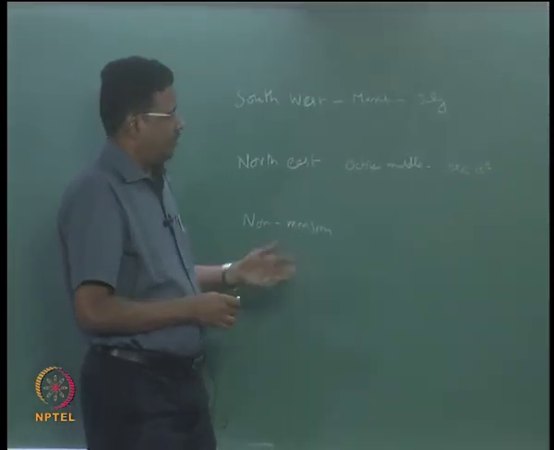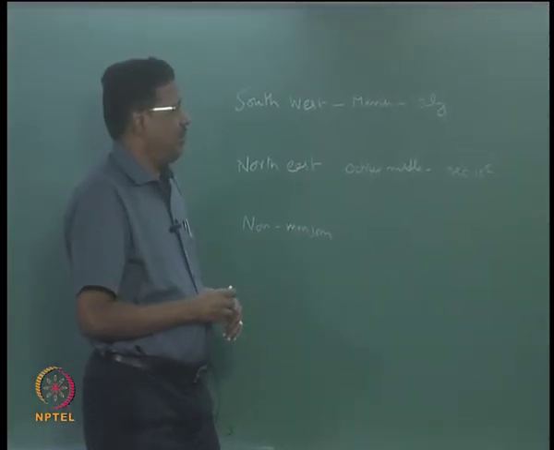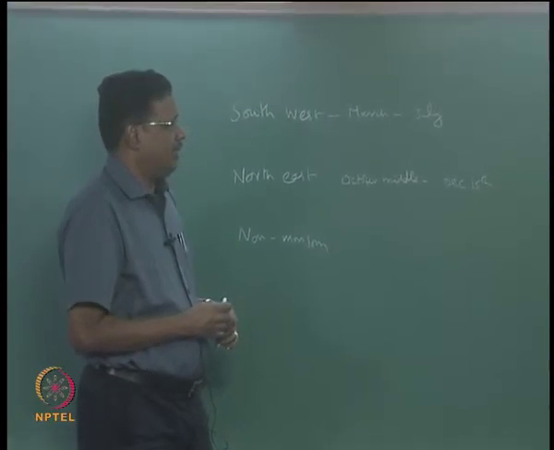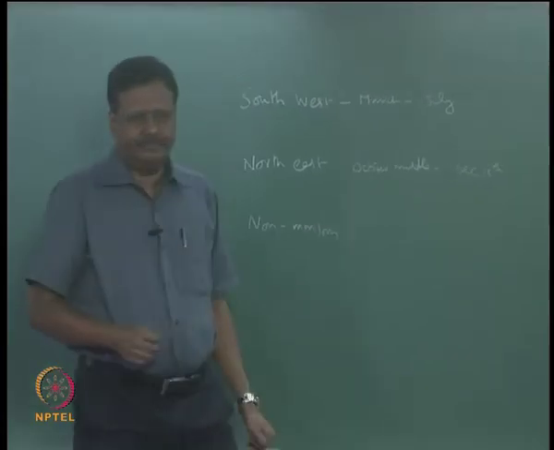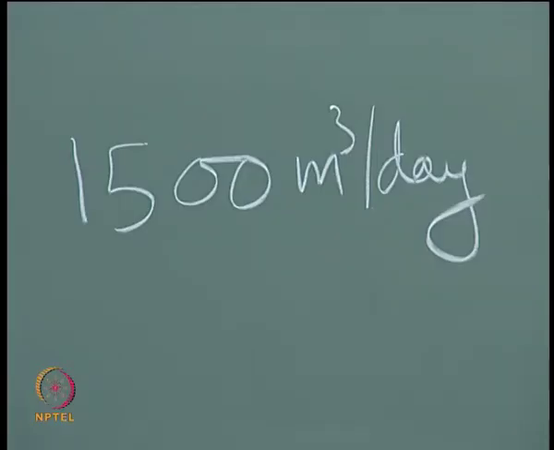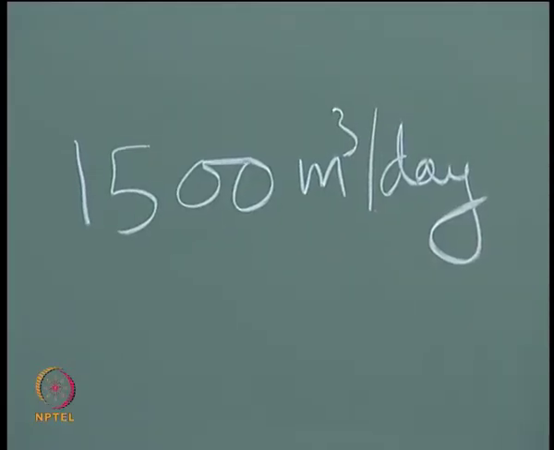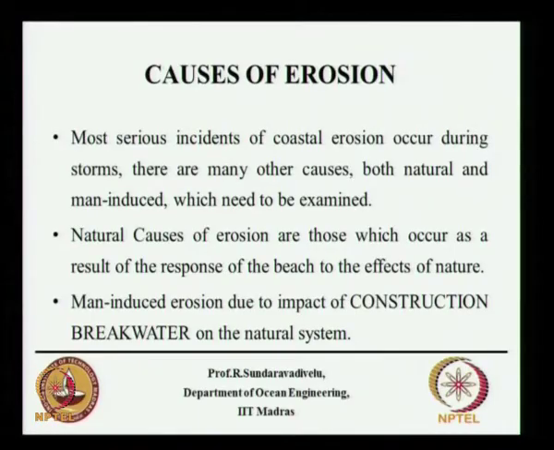and it is maximum in Paradip port, where it is about 1.5 million cubic meter per annum. This coastal erosion generally takes place during storms and cyclones.